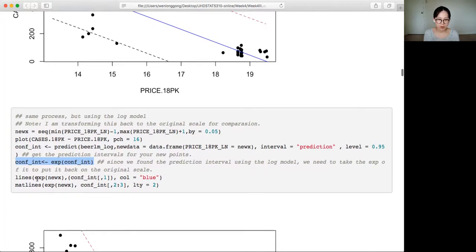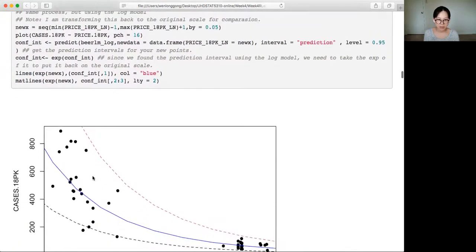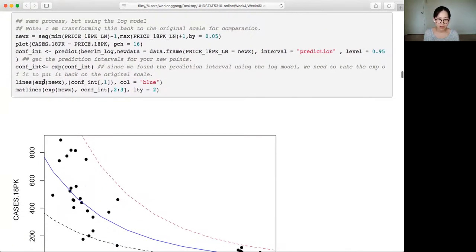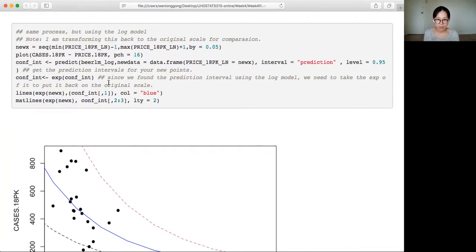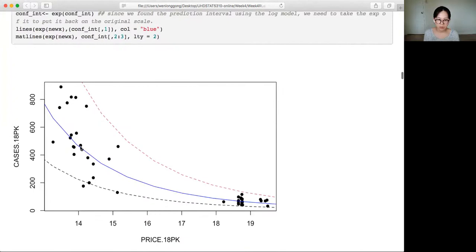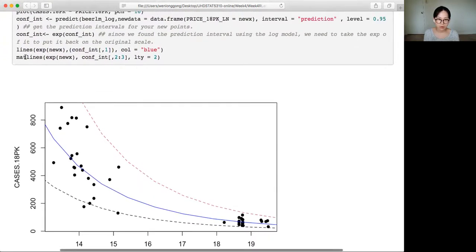And this x also got transformed back. This is for the predicted value in the middle, and the confidence interval and the prediction interval are plotted with this command, showing here the upper limit and lower limit.